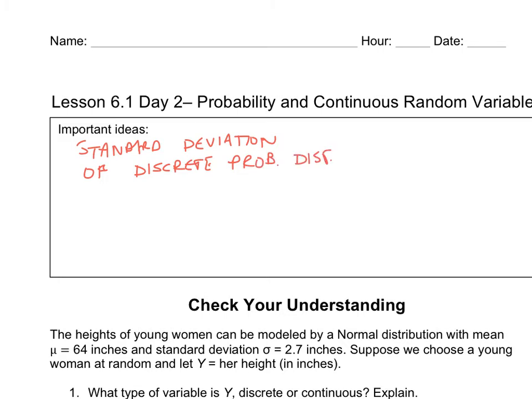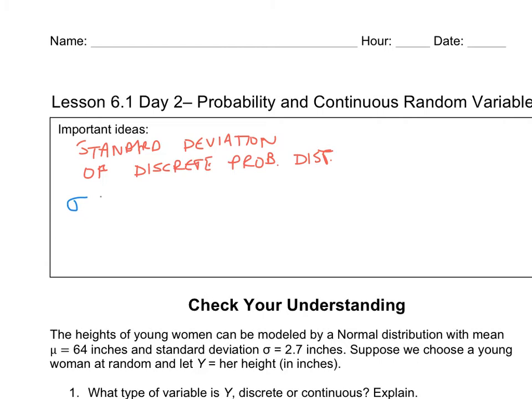Mr. Saris, I thought you said we were talking about continuous random variables. We are, but we can measure certain things about these probability distributions, including our standard deviation, which we remember is the average amount that something differs from the mean. We're going to represent it the same.